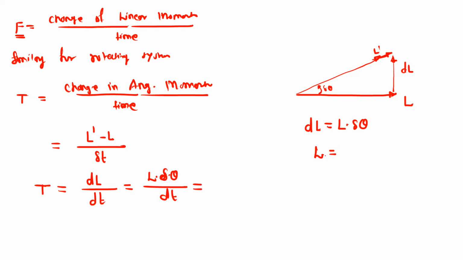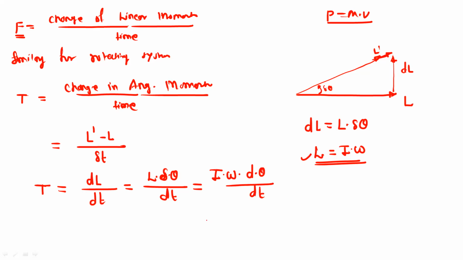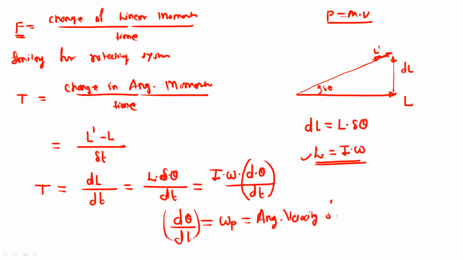And this L is equal to I into omega, because linear momentum P is equal to mass into velocity, so the angular momentum is equal to I into omega. So replace this I into omega into this d theta upon dt. Okay. So now this value d theta upon dt, we can write this value as omega p, and this is called as the angular velocity of precession.